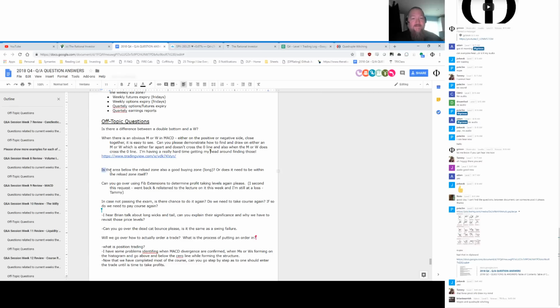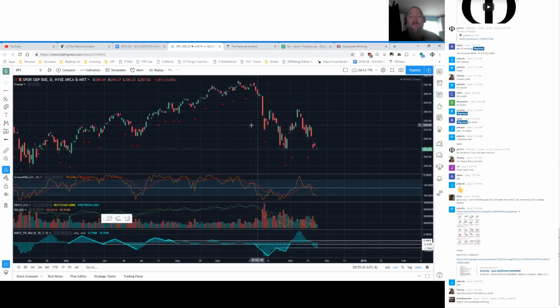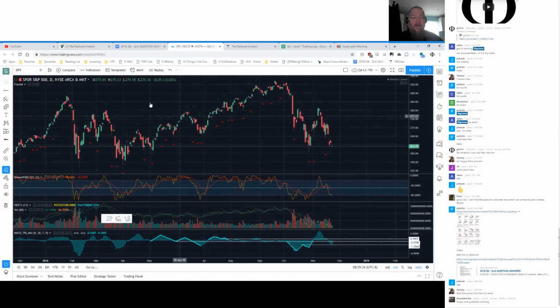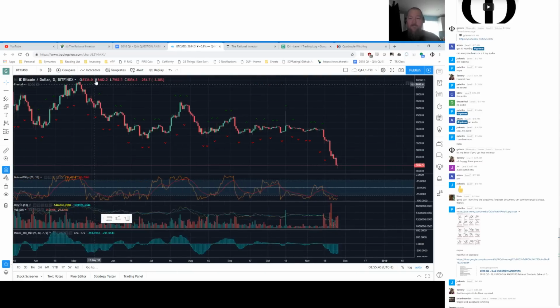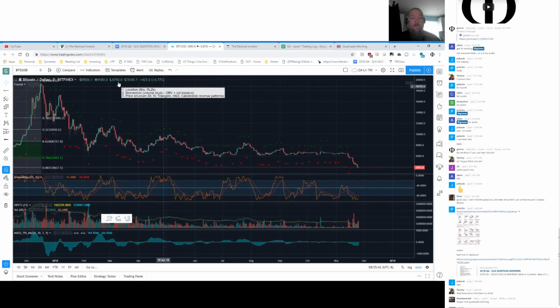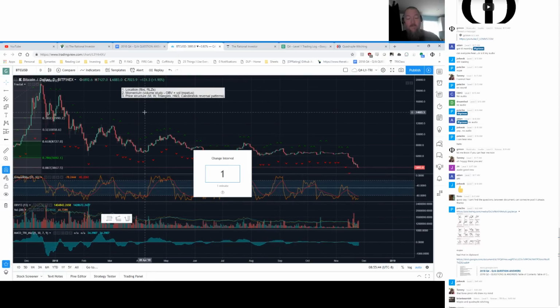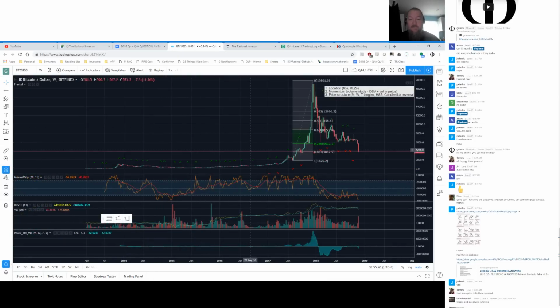All right. Is the area below the reload zone also a good buying zone, or does it need to be within the reload zone itself? So I've talked a little bit about how I feel about this, but let me provide a little more clarity. Let's go to a weekly just so we can see this a little better.